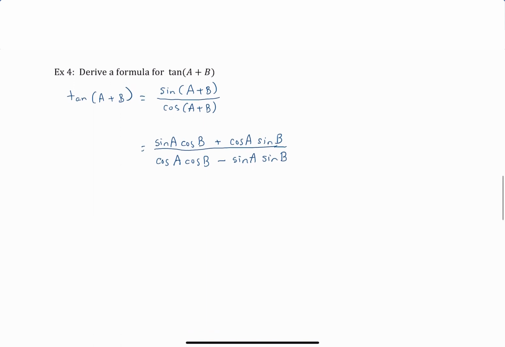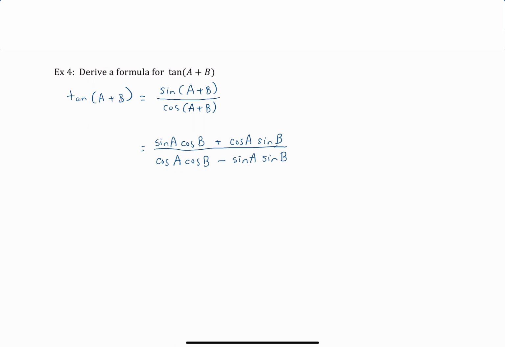So here's what we're going to do. I'd like all the sines in this thing that we just derived to have a cosine underneath them, because sines over cosines can be turned into tangents.